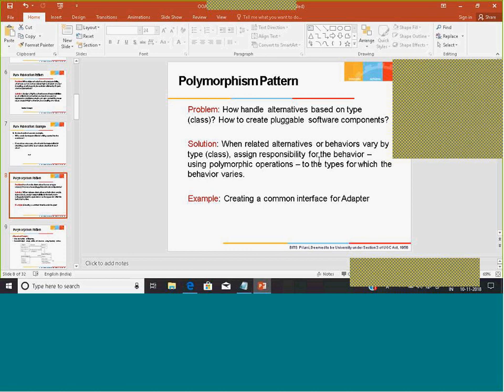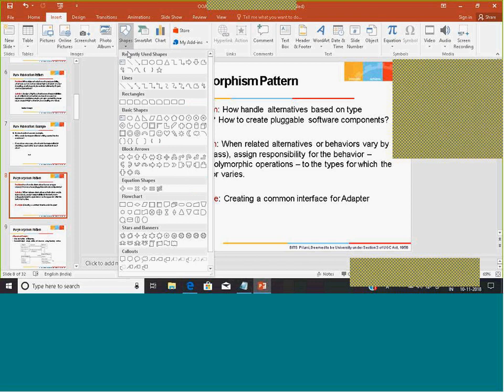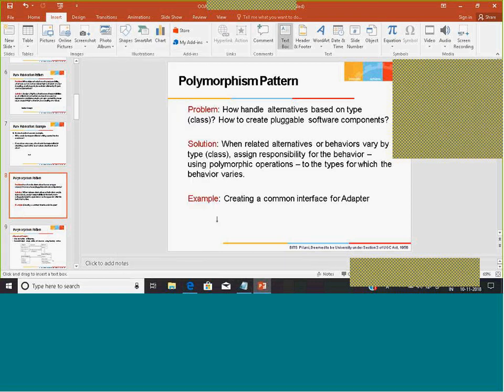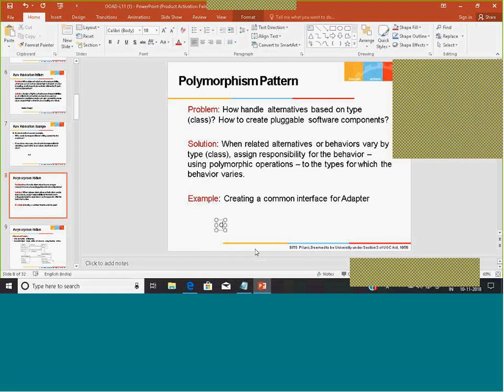Have a common interface, and various alternatives should implement that common interface. These alternatives, different types of classes, would change at runtime, but the interface remains the same. We saw this kind of example even in the factory pattern, where we had a cake factory.